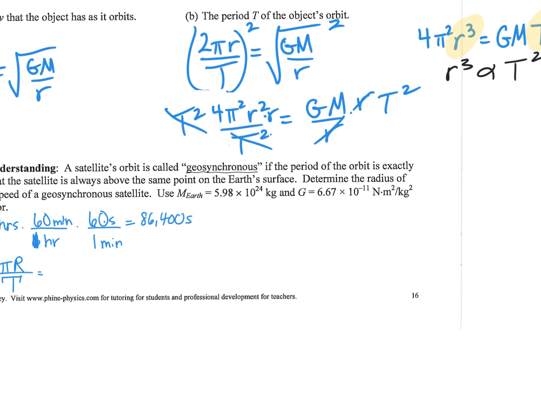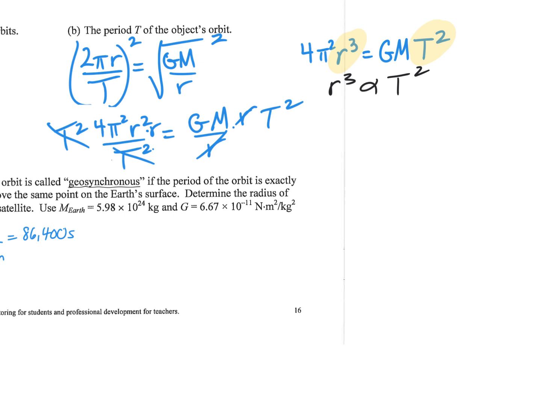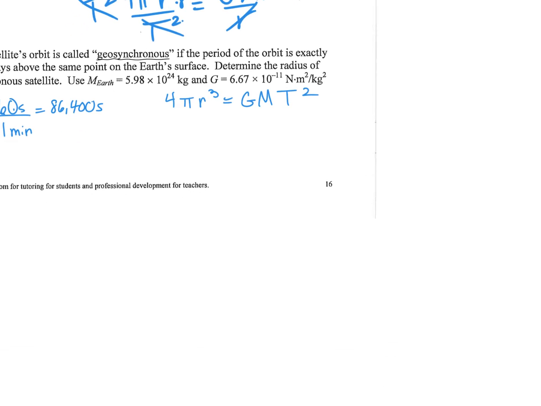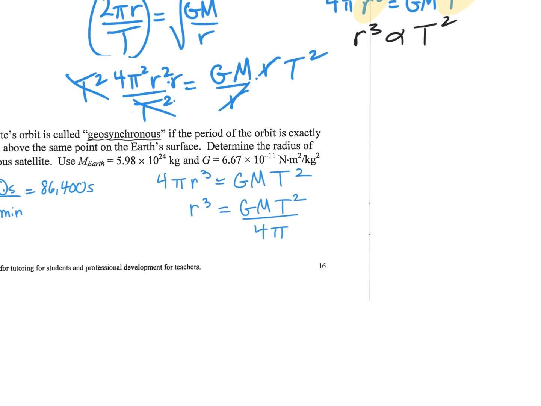Well, I got a formula right up here, don't I? What do I know? I know that 4 pi squared r cubed is equal to GMT squared. Correct? Okay. So let's plug all this in and solve. So r cubed is going to equal GMT squared over 4 pi squared.